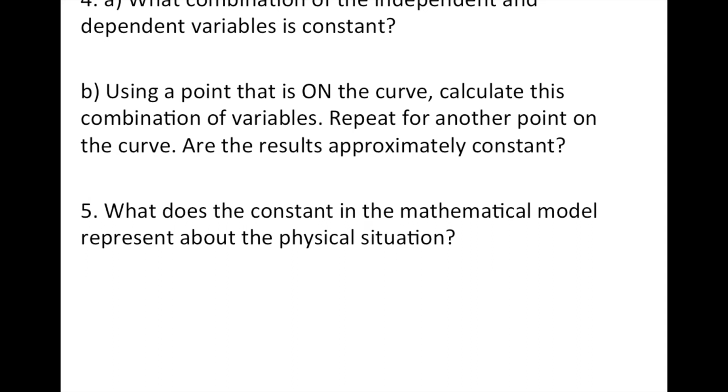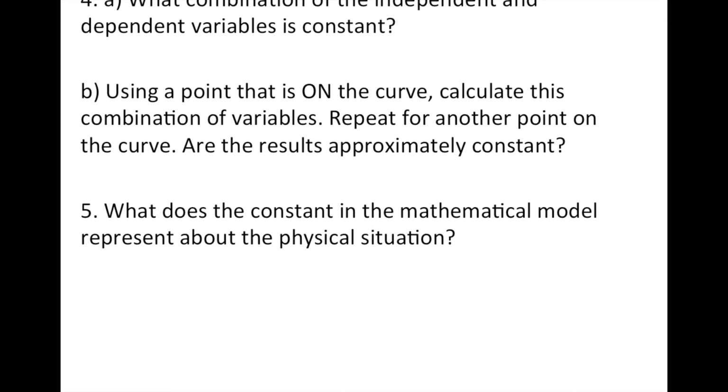So for this model, the height times r squared is equal to the constant, that number that you have in your mathematical model. But the volume of a cylinder is equal to pi r squared times h.